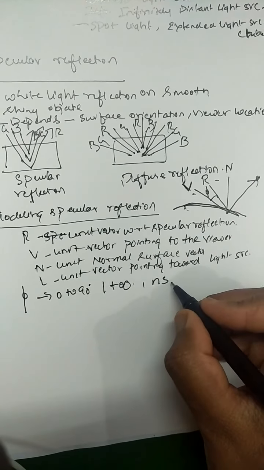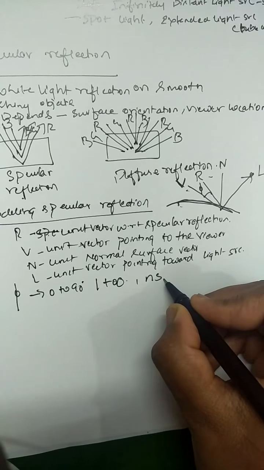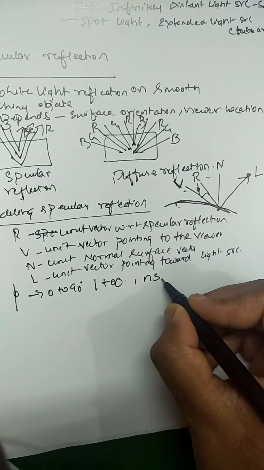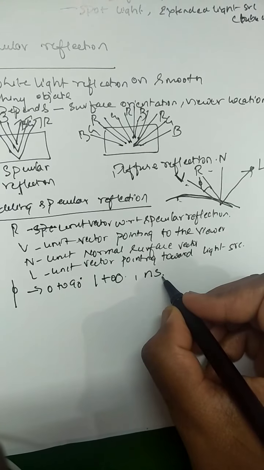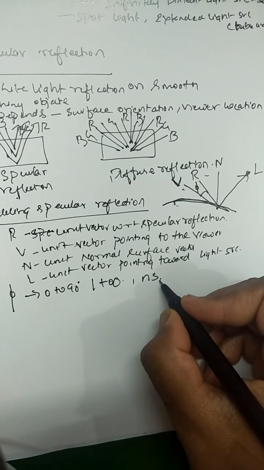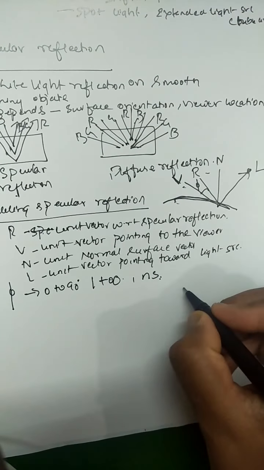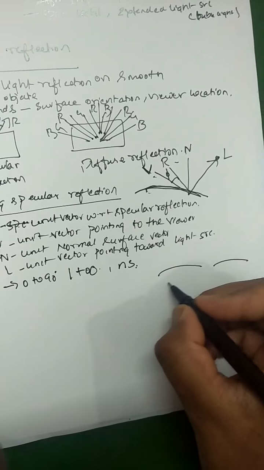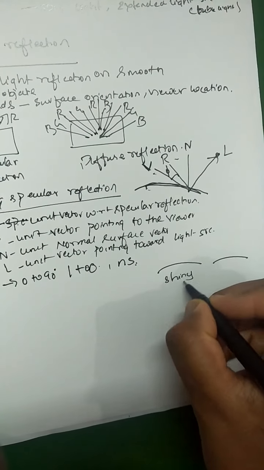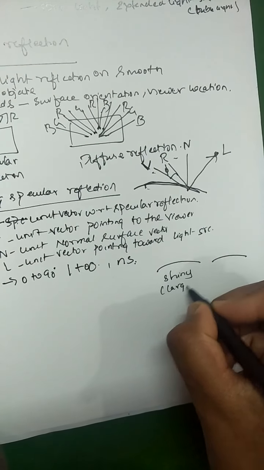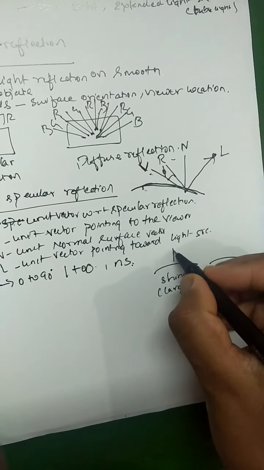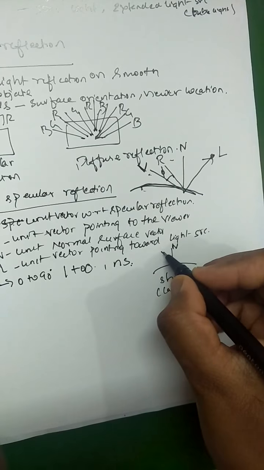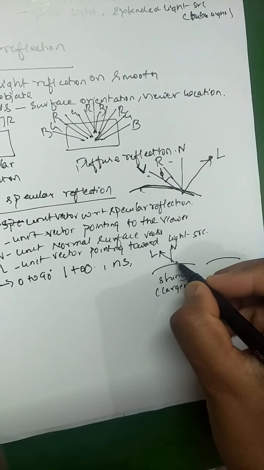The larger the value of ns, the shinier the surface, and the ns value will be smaller, less than 1, for a dull surface. Consider this surface here, this is shiny and it has a large ns value. Consider the normalized vector and the light vector L pointing to the light source.